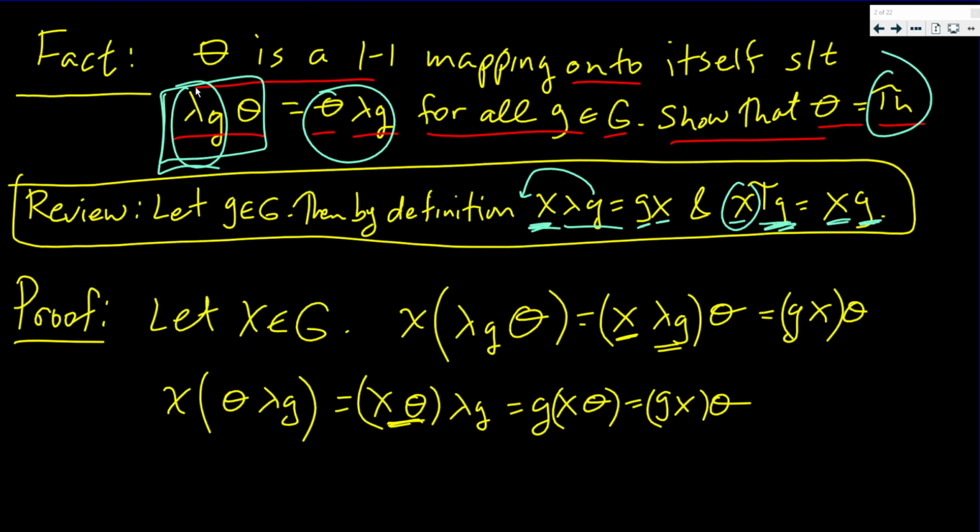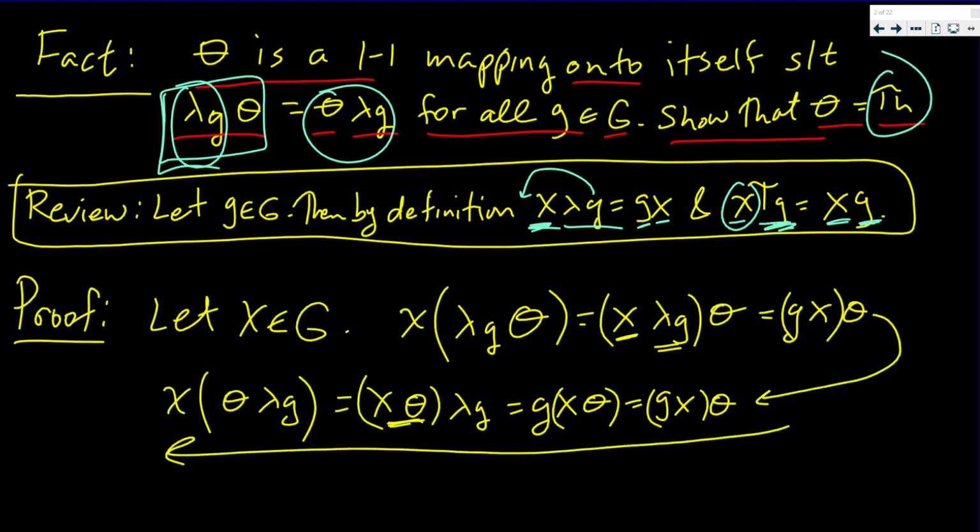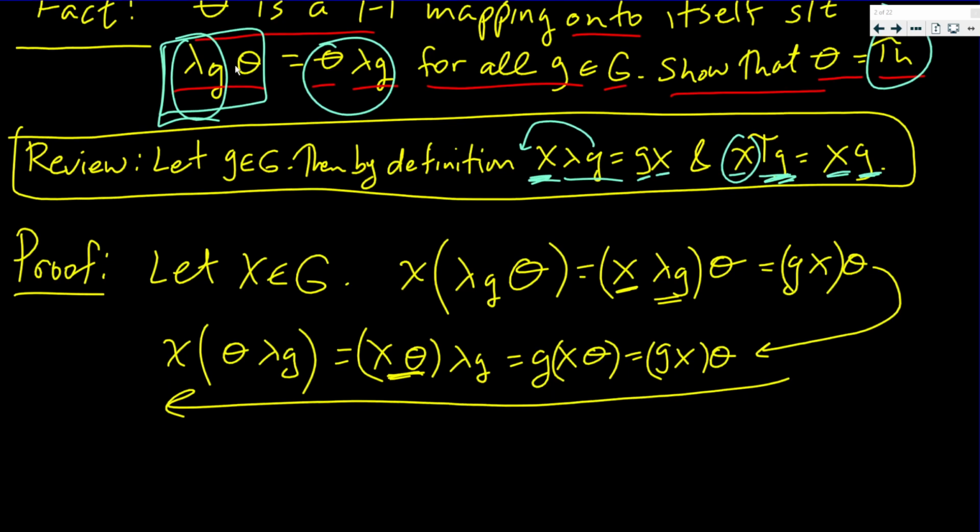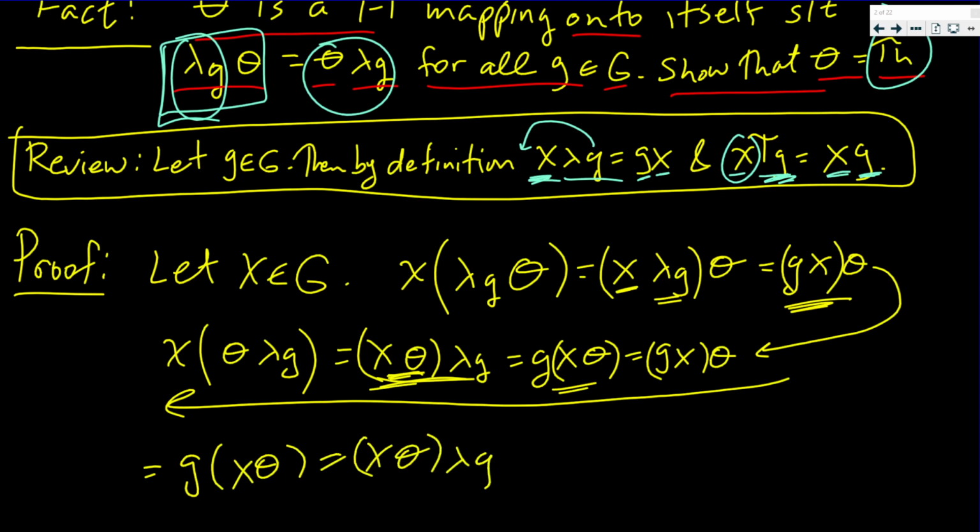Now, as I said in my last video, if you want to be slick, just write it this way. That is, after this line right here, you can write equals gx theta, and then write this, x theta lambda g.